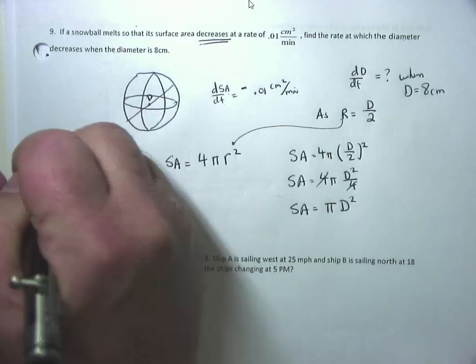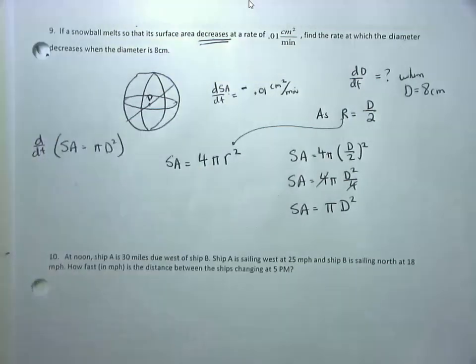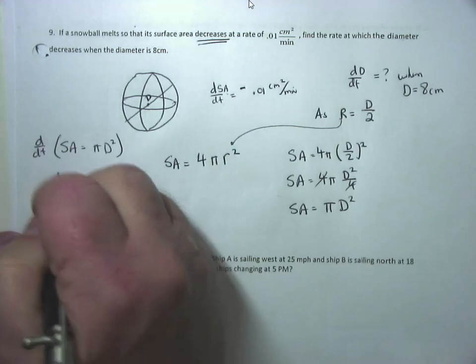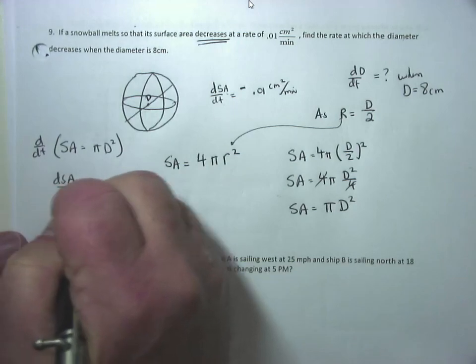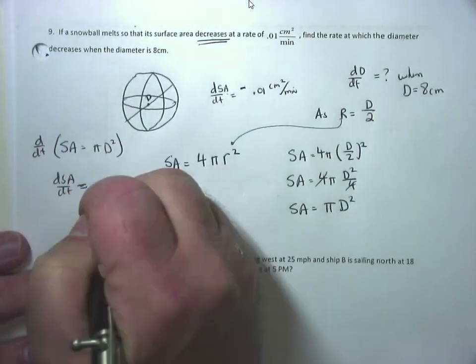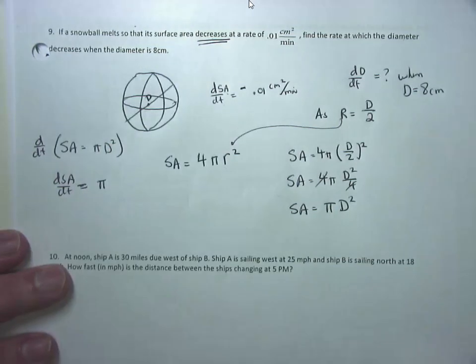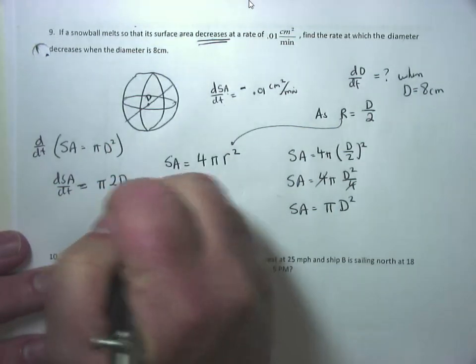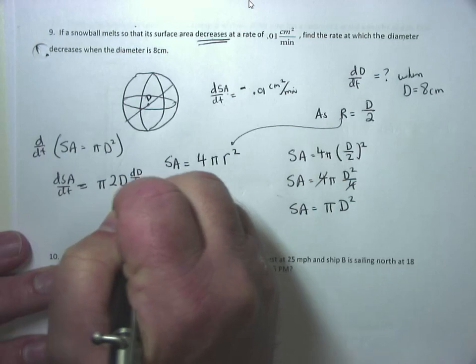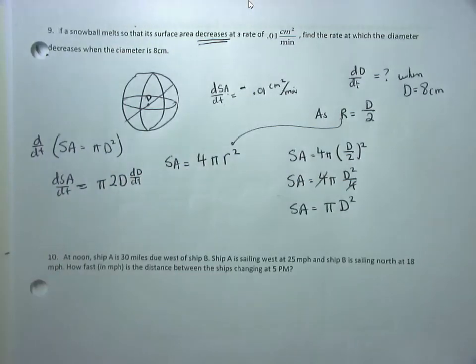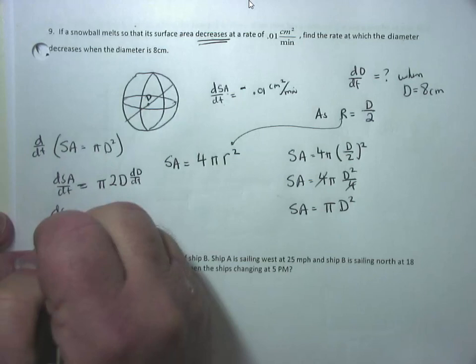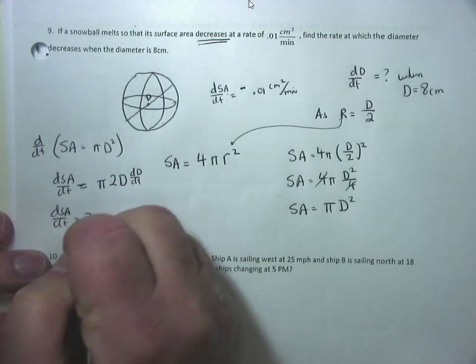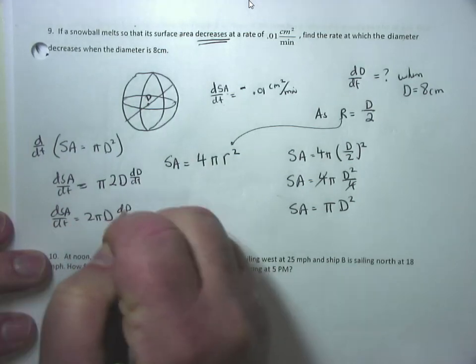What are we going to do to this guy? We're going to take the derivative with respect to time because we want the rate of change of that diameter. So what's the derivative of surface area? Well, it's a variable. It'll be d surface area over dt equals, pi is a constant, leave it alone. What's the derivative of D squared with respect to time? 2D, what? dD dt, the guy we want to find. So this gives me d surface area over dt equals 2 pi D dD dt.